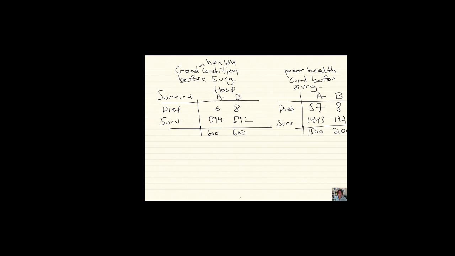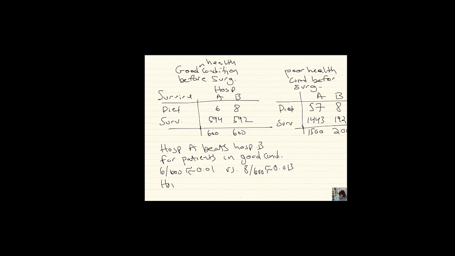So now Hospital A beats Hospital B for patients in good condition, since we compare 6 out of 600, which is roughly 0.01, versus 8 out of 600, which is roughly 0.013.